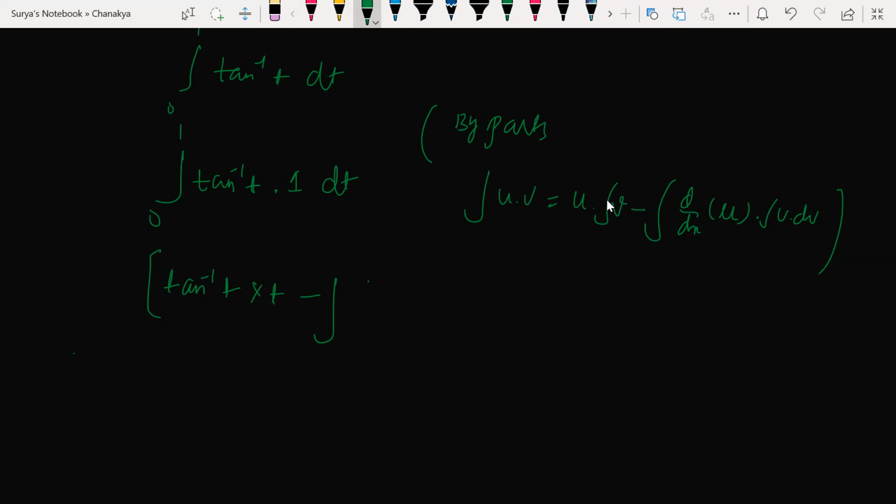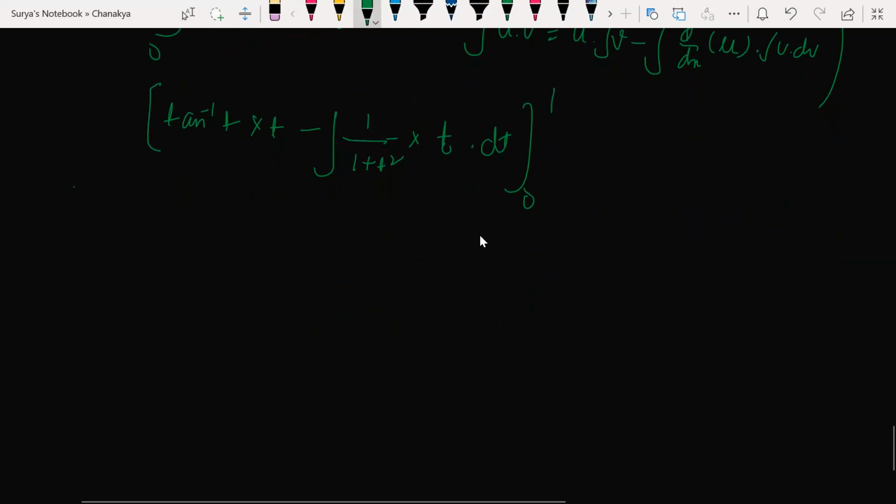Tan inverse, so 1 by 1 plus t square into dt, into v, t into dt. So from where to where? 0 to 1. Correct? So this is what I got.